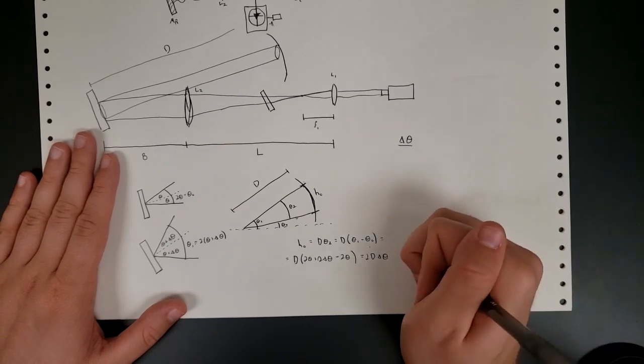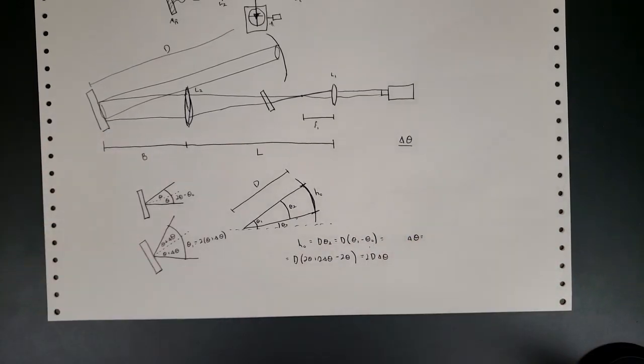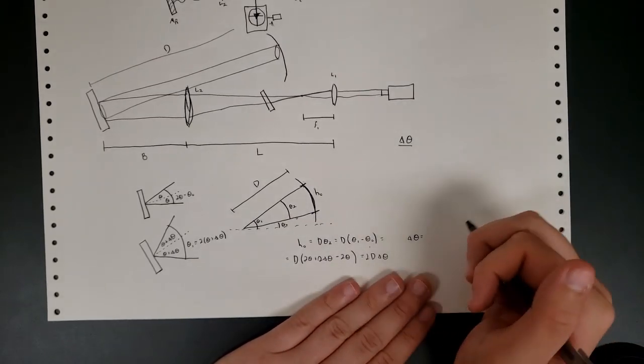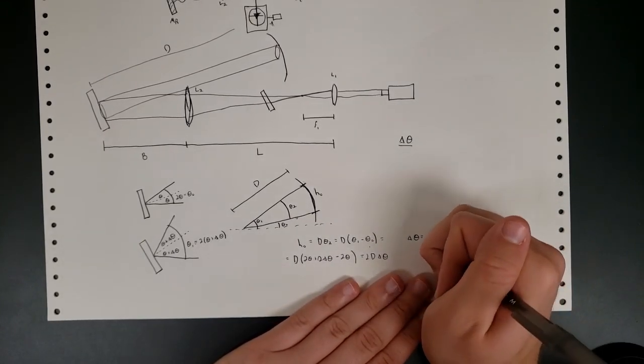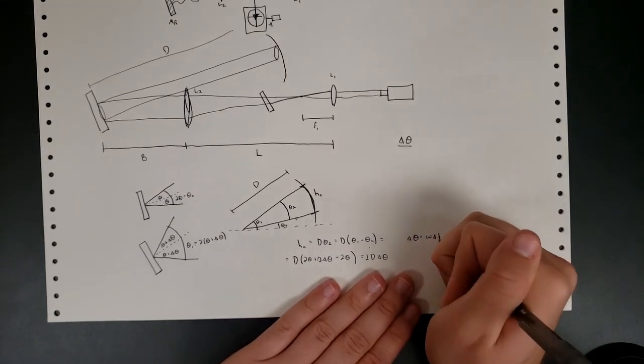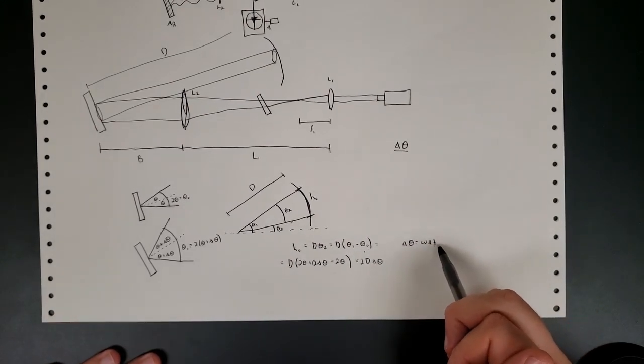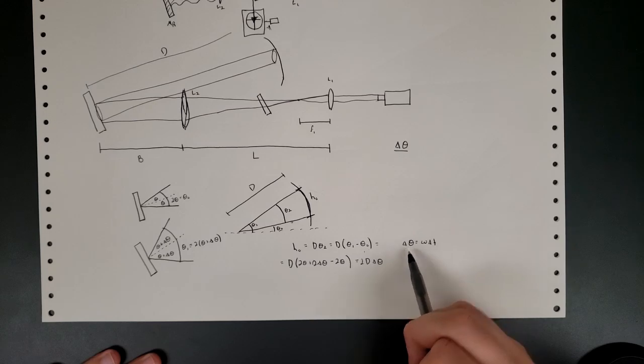So what I can do is say that delta theta is going to be equal to whatever speed the mirror is rotating, some angular speed, times the interval of time that it takes to rotate this amount of degrees.